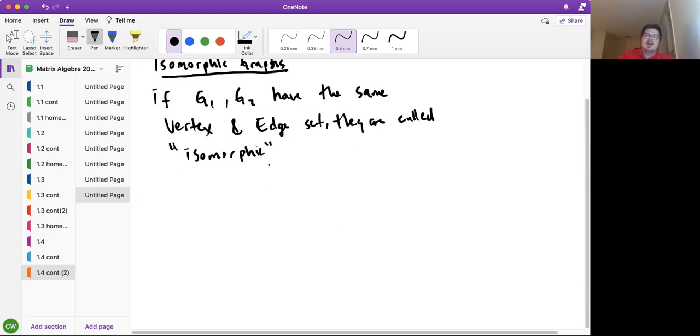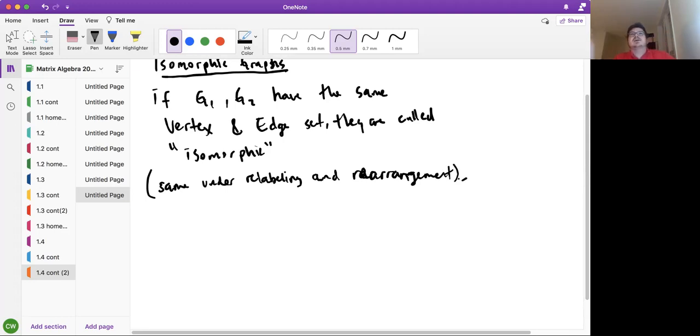This means that, in other words, they're the same under relabeling and rearrangement. It turns out this is actually an open problem in math. Is there an algorithm to show whether two graphs are isomorphic? I mean, of course, you can have very complicated looking graphs, but there's no known algorithm to determine this.